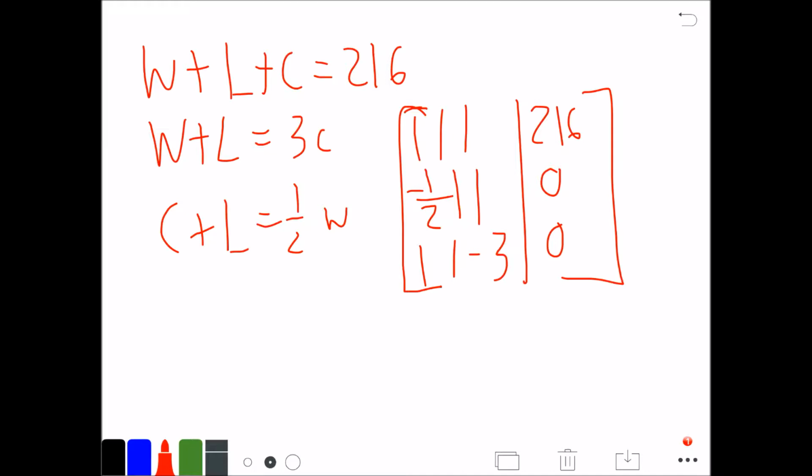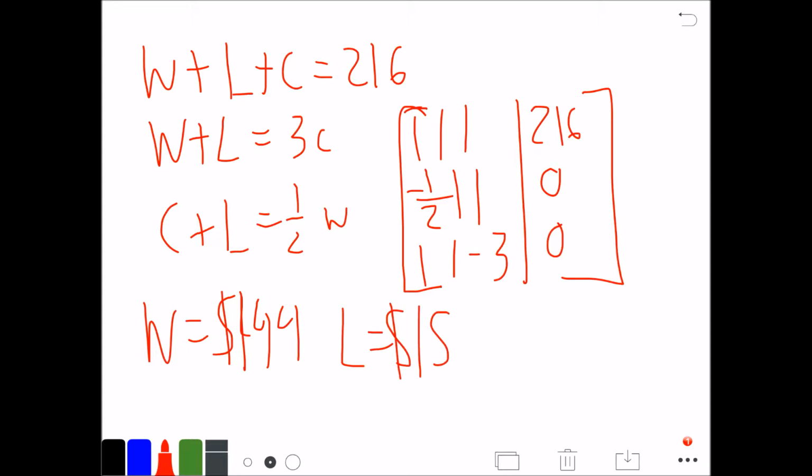And if you want the answer, W equals $144. I'm not exactly sure if this is right because I solved it myself, but I'm pretty sure this is right. If I'm wrong, then say it in the comments below, and give me your proof why I was wrong.